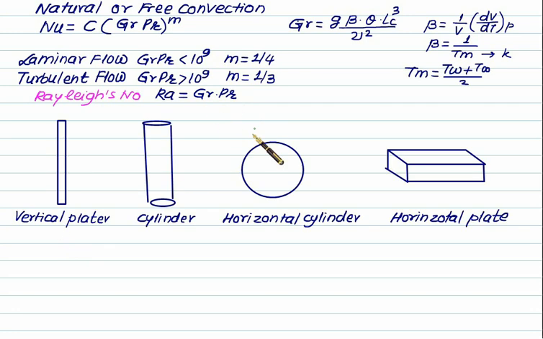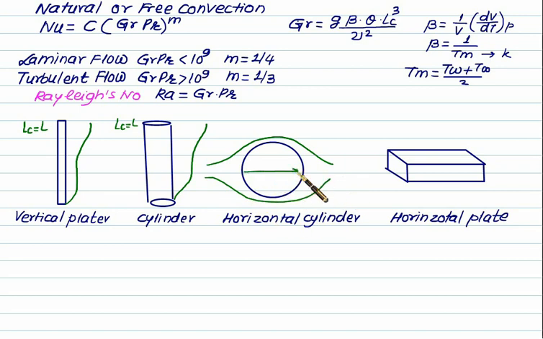The characteristic length Lc represents that dimension which is to be measured parallel to the boundary layer. In the case of a vertical plate, the boundary layer will grow like this, so Lc will be the same as the length L. The same is true in the case of a vertical cylinder, where the boundary layer will grow on both sides, so Lc will be equal to L. In the case of a horizontal cylinder, the boundary layer will grow in this direction, so this dimension is measured parallel to the boundary layer, that is the characteristic length will be equal to the diameter.